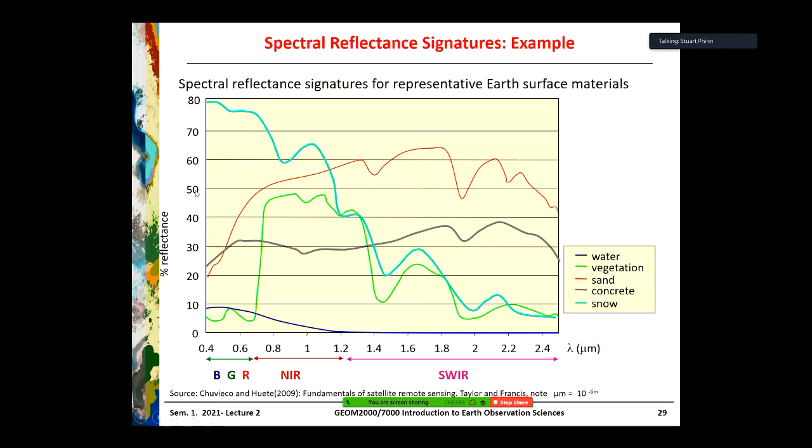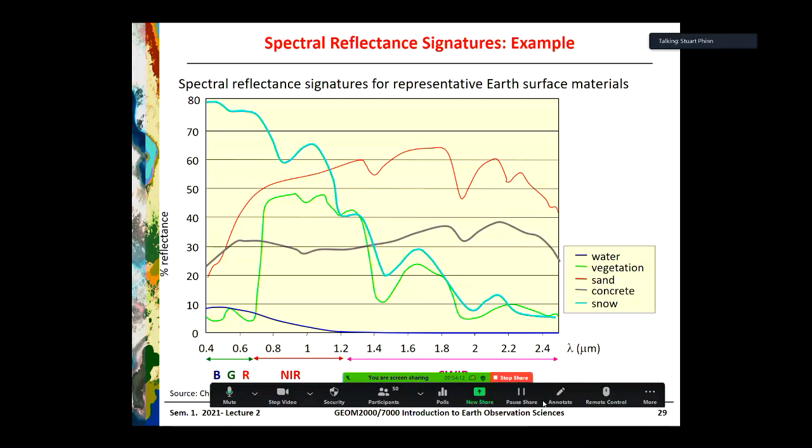And then snow, which we're not going to see a lot of, is super high in the visible, and then it drops right down. So now this is the fundamental basis of using satellite imagery in terms of distinguishing individual cover types or features. You can see these are all different land cover types. They've got different signatures.